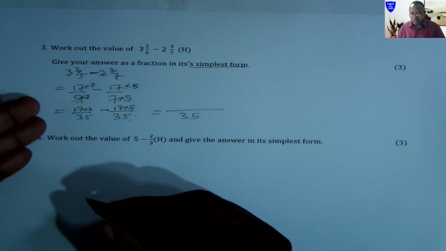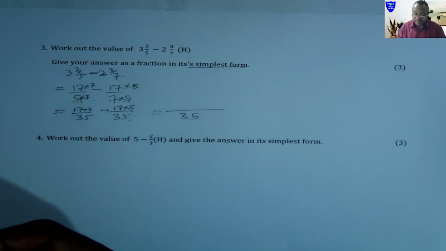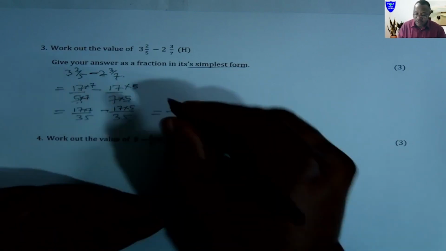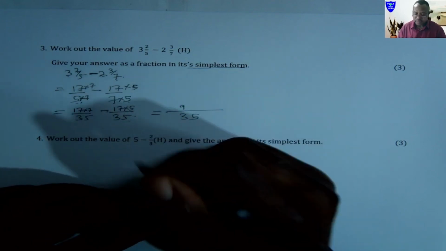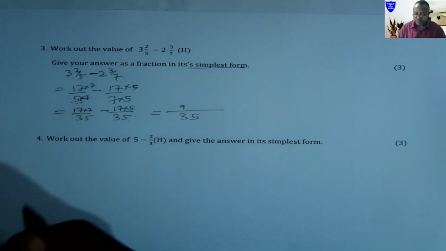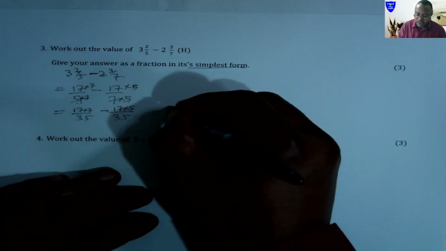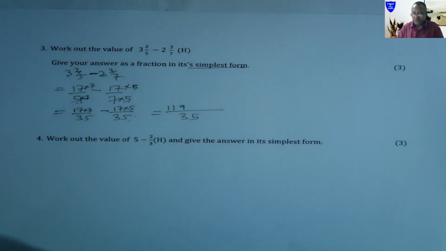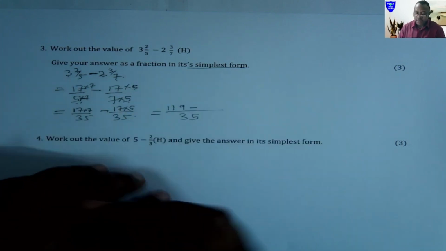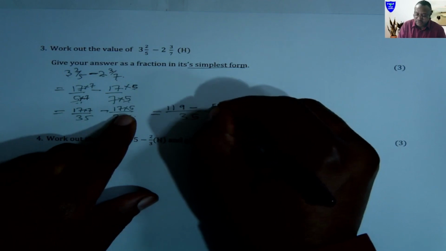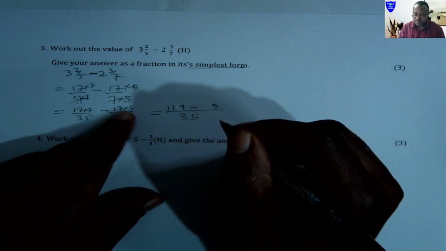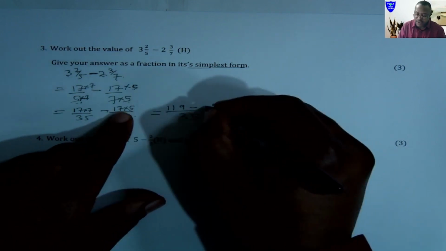Then now you multiply 17 times 7. That one will give us 119. Minus this one will give us 85.